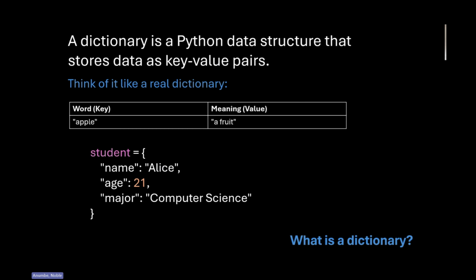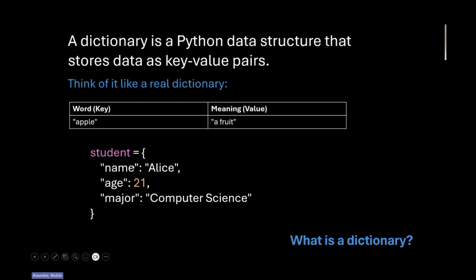But pay attention to the punctuation, right? You can see the key and the value are usually separated by a colon, and then you have a comma at the end. That's the end of one key value pair. And then you go to a second key value pair, age, colon, 21, and then a comma, and then you go to a third.